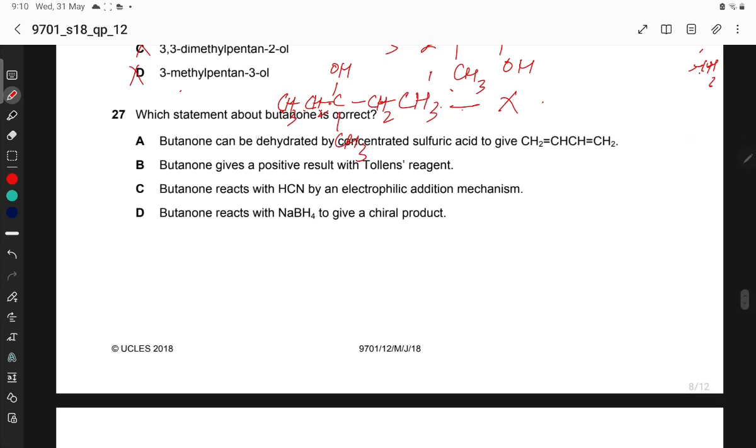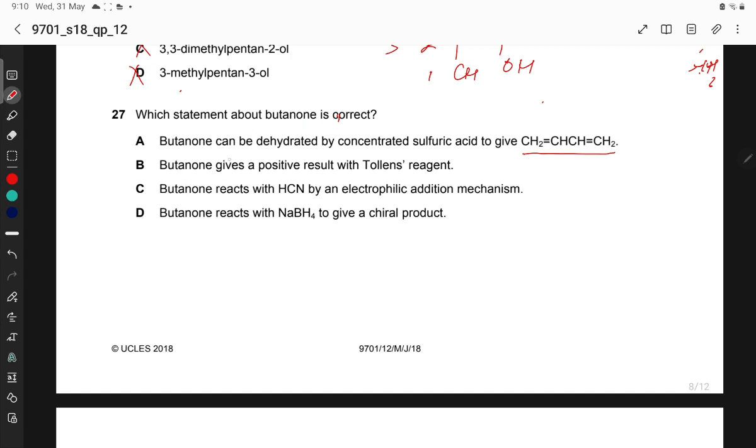Question number 27, which statement about butanol is correct? Butanol can be dehydrated by concentrated sulfuric acid to give butanone.